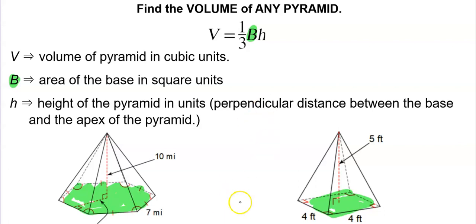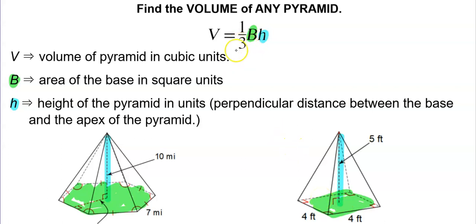And then we are going to multiply that by the height of our pyramid. Now remember, the height is not the slant height. That's the distance between the base and the apex, or the vertex. The distance between the apex and the center of the base is the height of my pyramid.